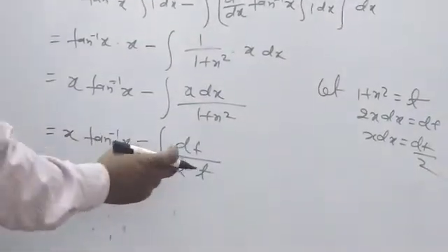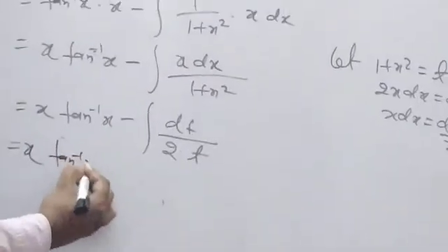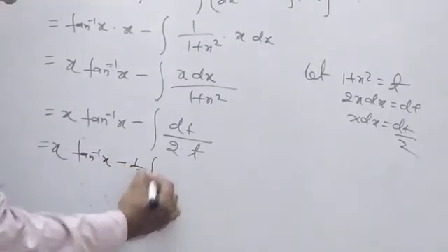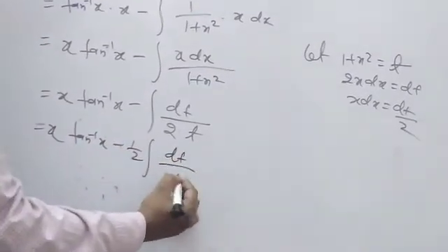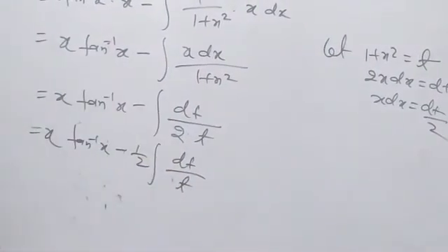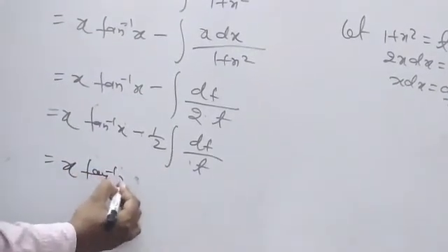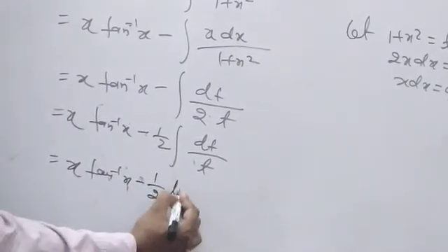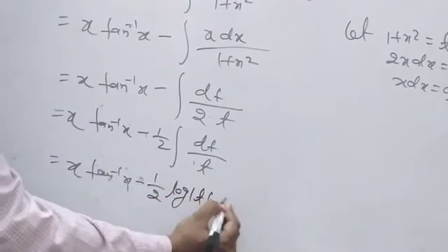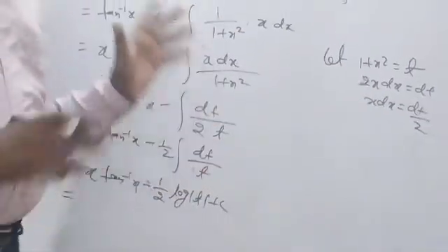Okay? And x into tan inverse x minus 1 by 2 integration of dt by t. Then what is the integration of 1 by t dt? Log of t. x into tan inverse x minus 1 by 2 log of t plus c.